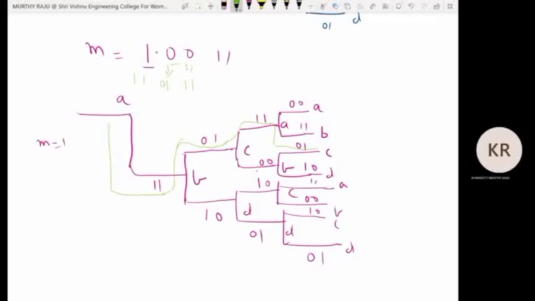For 1 1 1, downward direction. Next one is 0 1 for direction. Next one is 1 1 for direction.